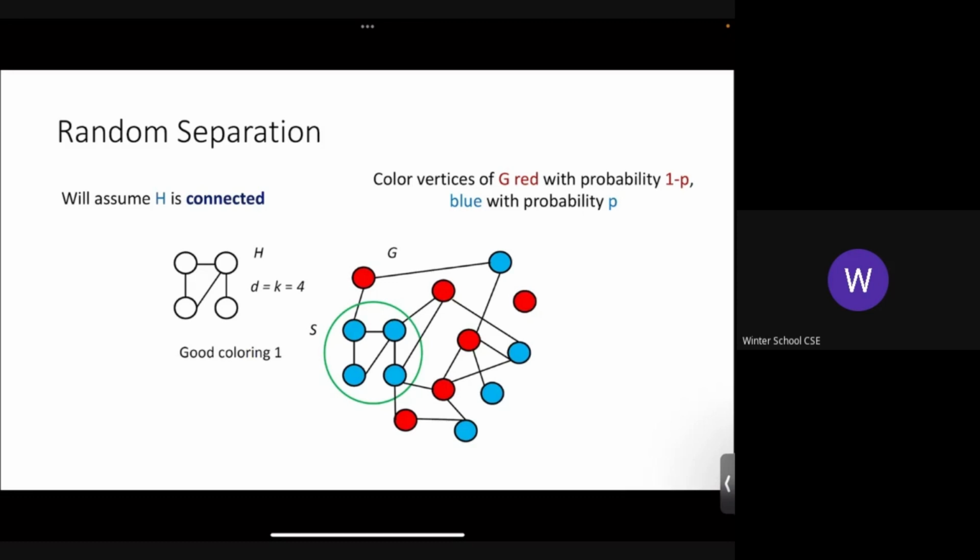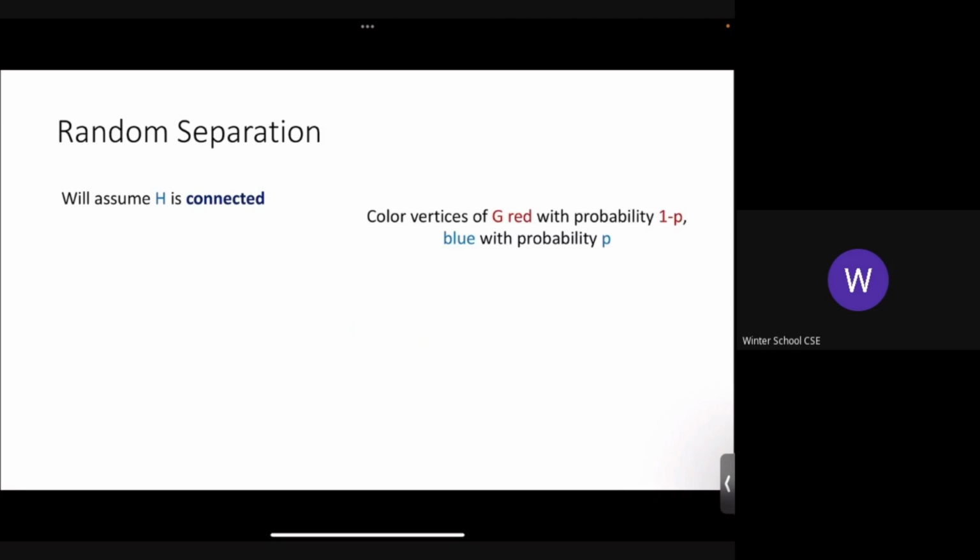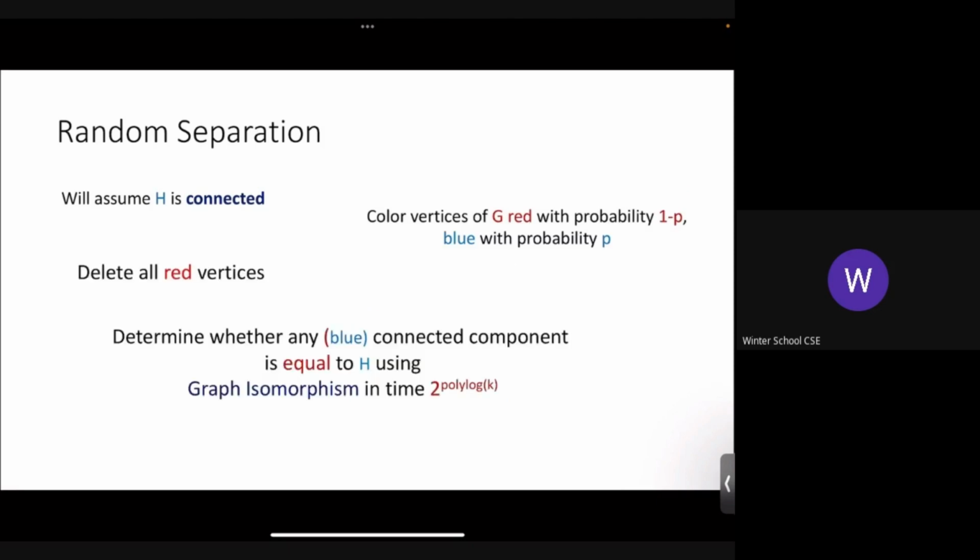What I do is color my graph with two colors, red and blue. I color vertices red with probability 1 minus P, where P is some constant between 0 and 1, and I color vertices blue with probability P. Then I look at my colorful graph and delete all red vertices.